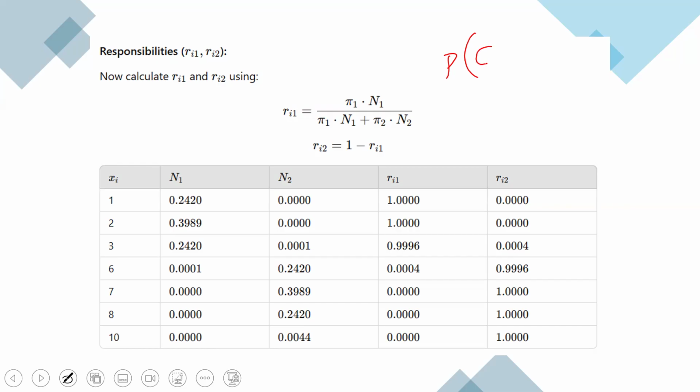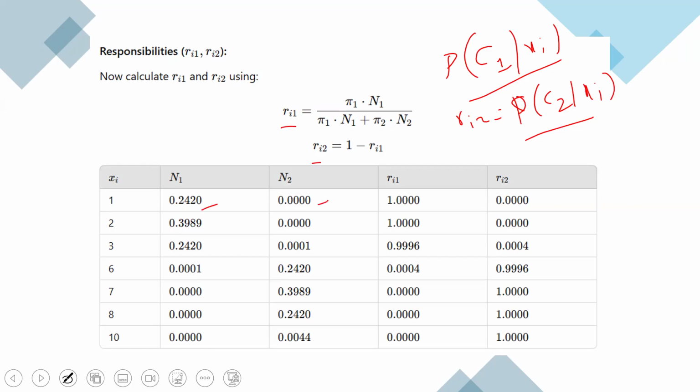Ri1 is nothing but the probability of xi belonging to cluster 1, and Ri2 is nothing but the probability of a point belonging to cluster 2. That is what Ri1 and Ri2 basically mean. Now we know the likelihoods for both the clusters for each and every point. And pi k is the mixing coefficient, which is nothing but the prior probability, which is P of C1.